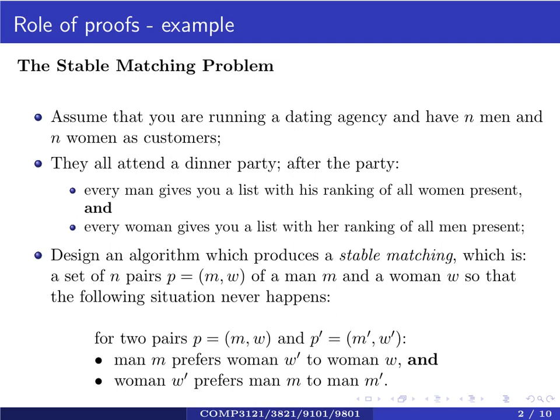So it's never the case that M likes another woman better than the woman he is paired with, and that woman in fact likes him better than the man that she is paired with.